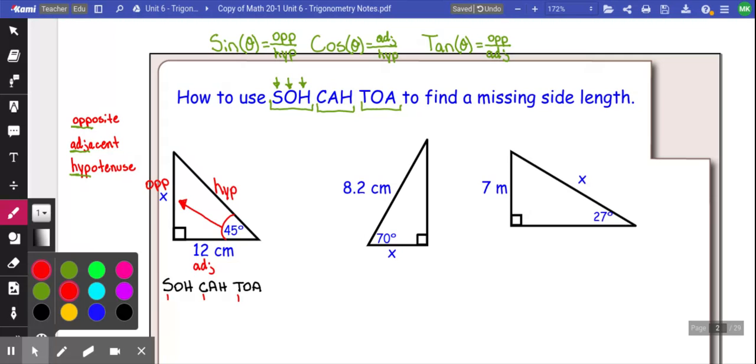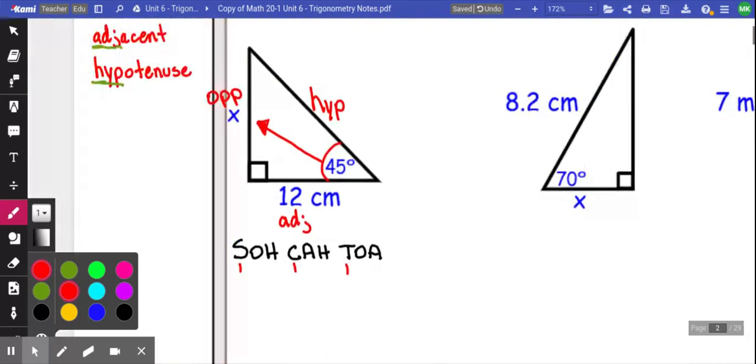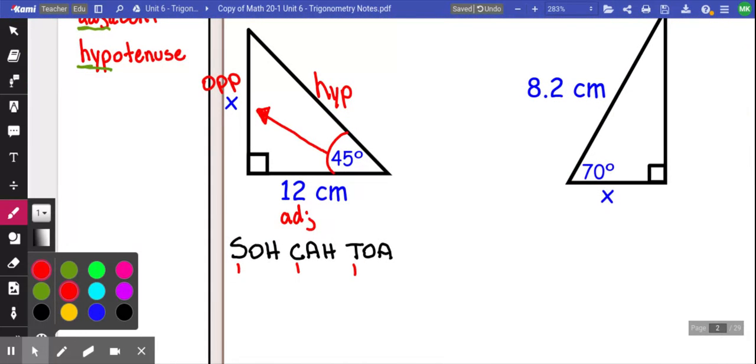You'll always put a little mark under S, C, T. Then you're going to put a check mark underneath the side that you know already. I know my adjacent side is 12, so I'm going to put a check under A for adjacent. Then I'm going to put a check mark underneath the side length I want to know. I want to know my opposite because it's the one that they've labeled X. So I put a check under O for opposite.